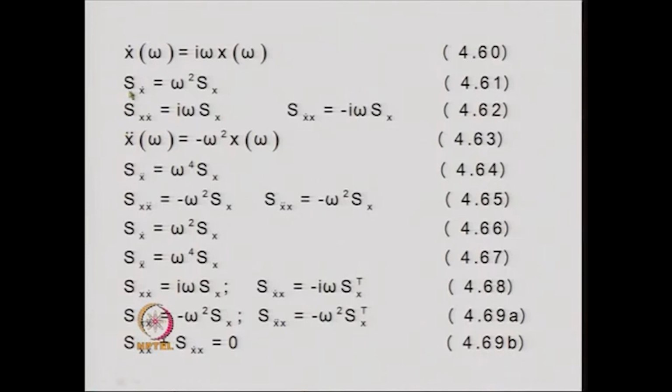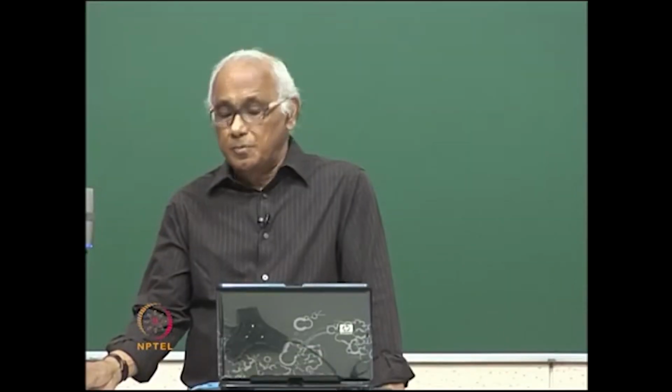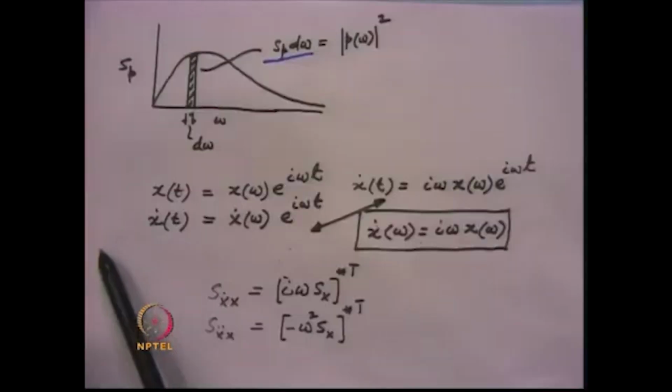Since x dot omega is equal to I omega into x omega, because of this equation, that is x t is equal to x omega e to the power I omega t, that is the frequency content of that.